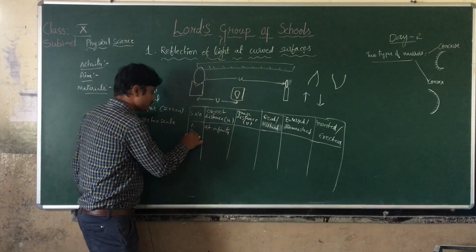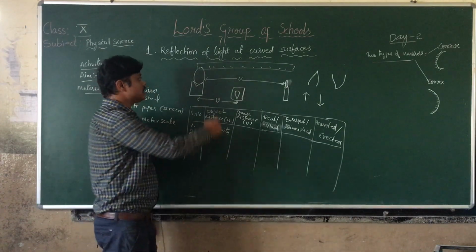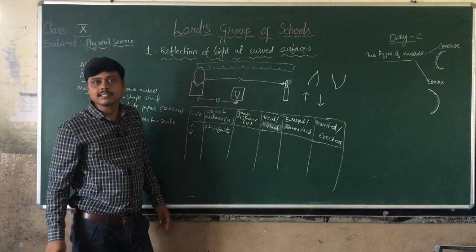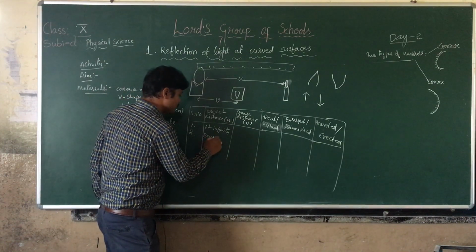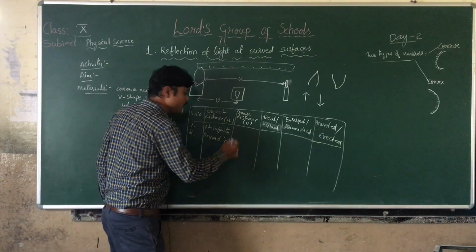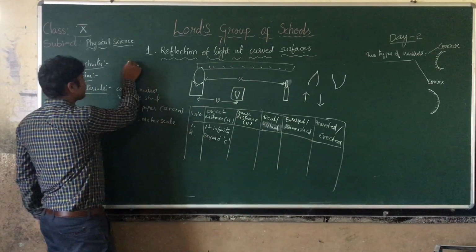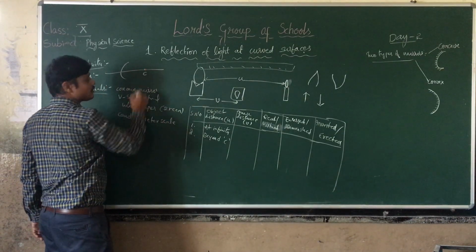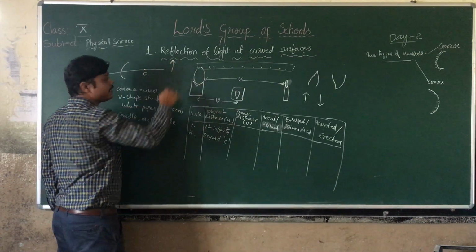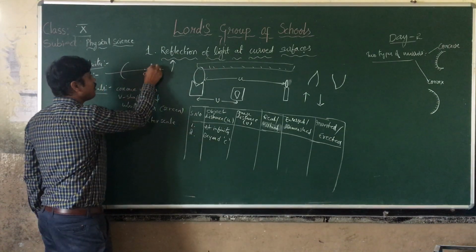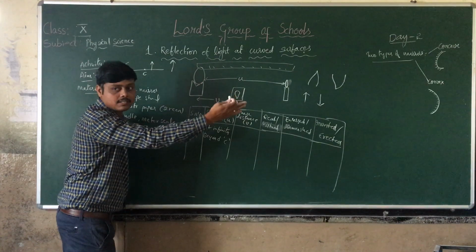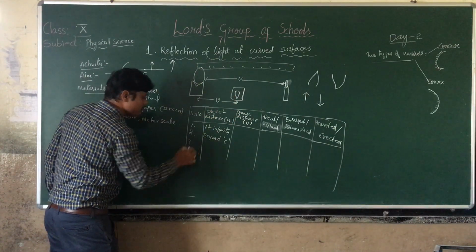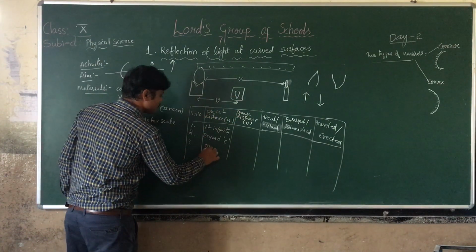And second, you know that this concave mirror has a center of curvature. The second position is beyond C. Suppose this is the curved surface, this is the center of curvature. First the object is at infinity. Second, beyond C. Beyond C means just beside the center of curvature, just after C. Third one, on C.